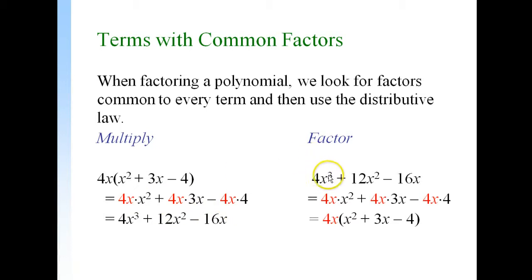Now, when we have this, and I had mentioned this in an earlier lesson, and we take out a common factor of each term, which happens to be the greatest common factor, the 4x, we get back to what we had originally. So factoring and multiplying are sort of the opposite of each other. And that's what we'll be doing.